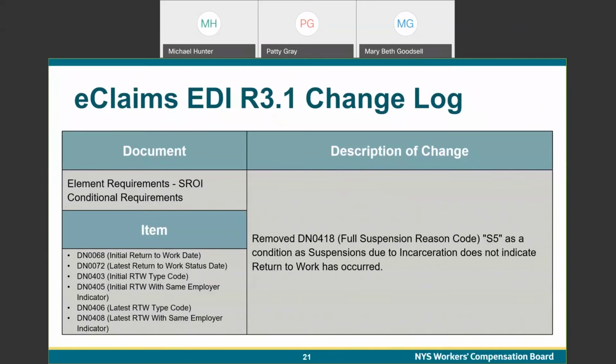Once we examined that, we realized that you will not have a return to work if the claimant is incarcerated, which is what the S5 corresponds to. So we did remove that condition, so you will not have to submit return to work information if you're suspending due to incarceration.